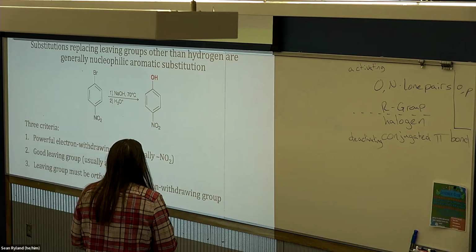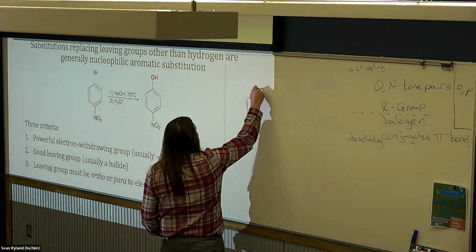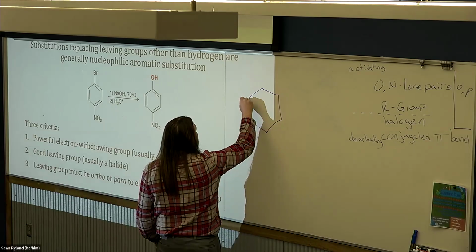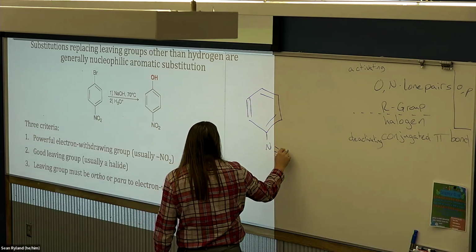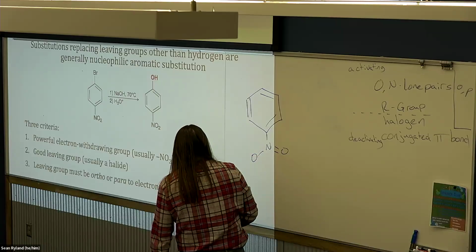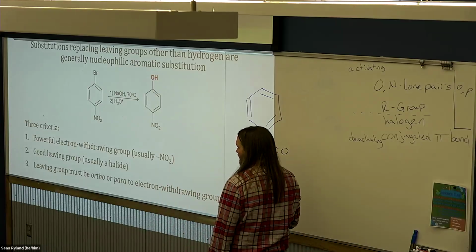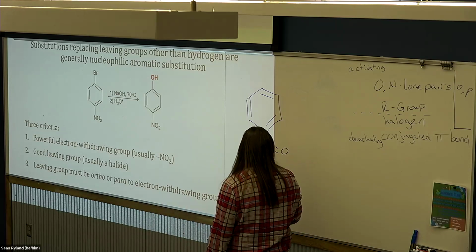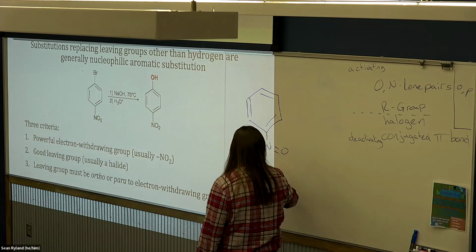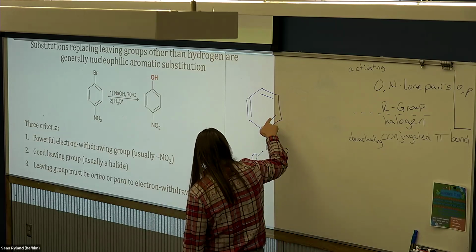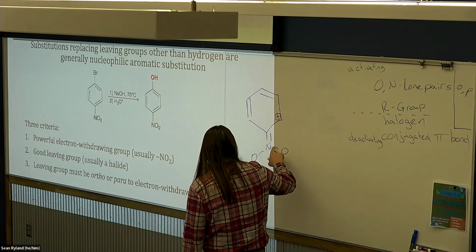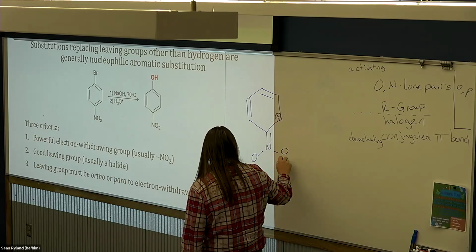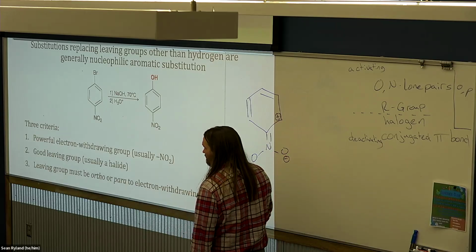Because if we have a nitro group attached to a benzene ring, any conjugated pi bonds are going to have the ability to have a resonance structure that looks like this, right?